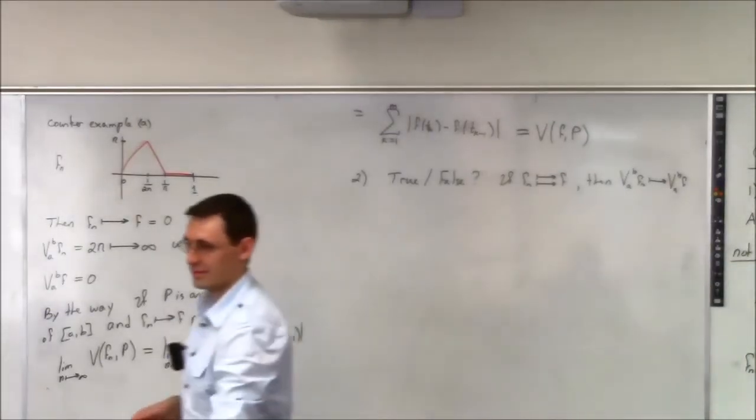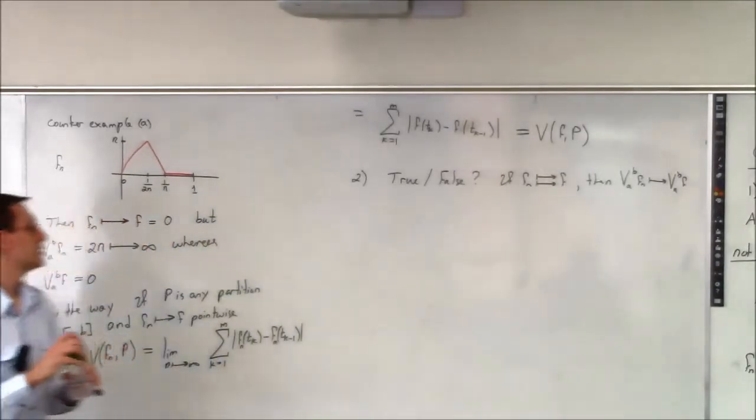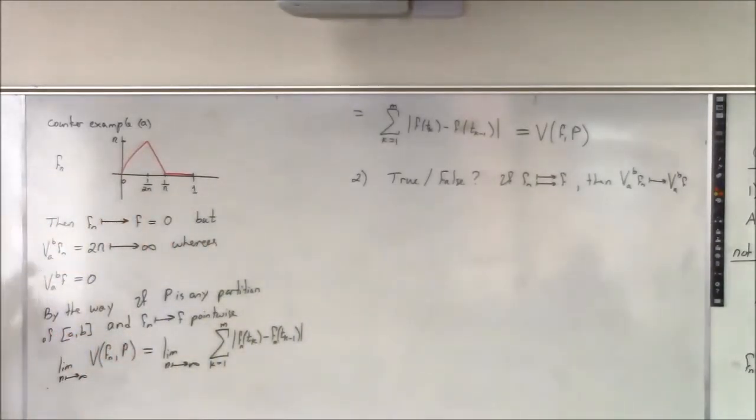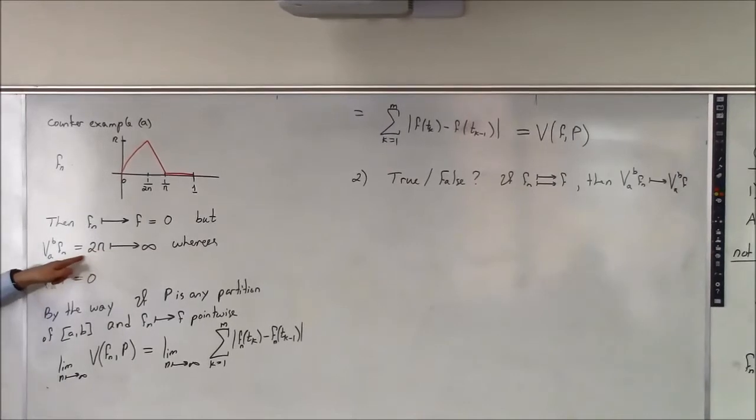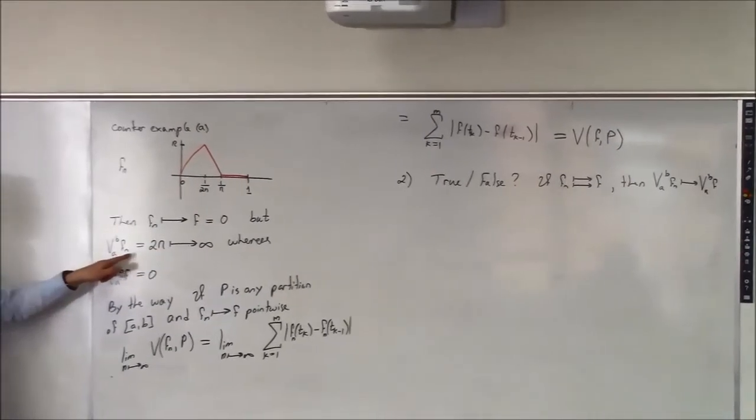Sorry, Professor, just before you go there. For this one, does that mean if the total variation is bounded, this will always be true? I mean, I pushed it to infinity, right? So you can see that the sequence actually goes to infinity.